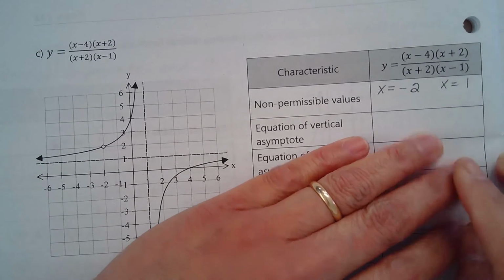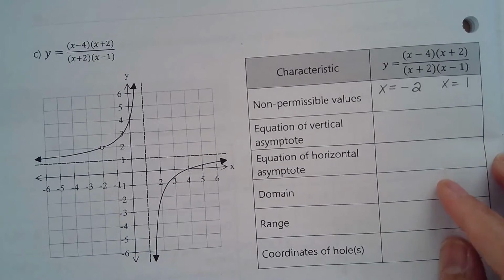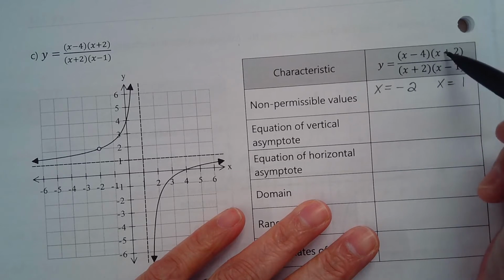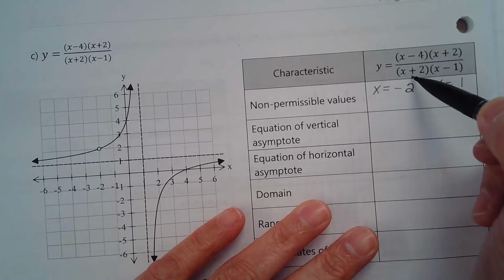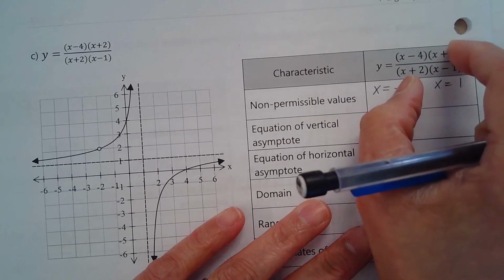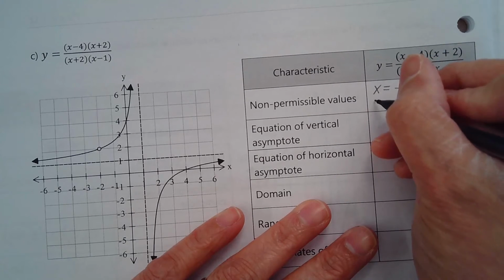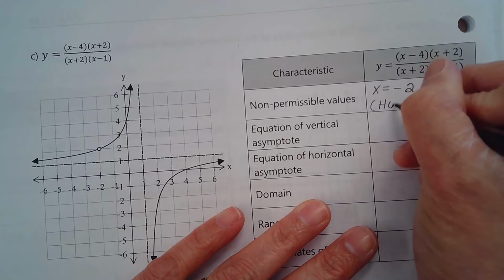1. Okay, that's good. Now this part here, x plus 2, is a common factor of the numerator and denominator. So that means at x equals minus 2, there's going to be a hole.